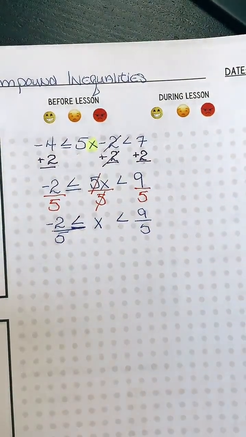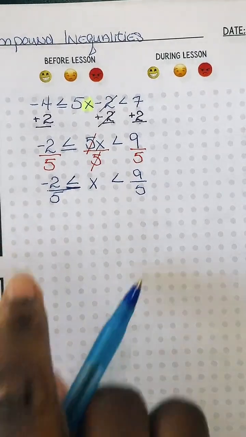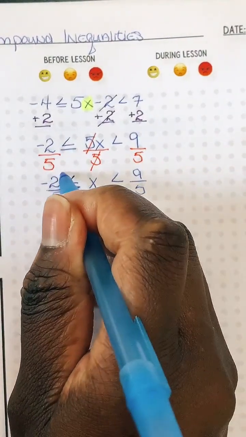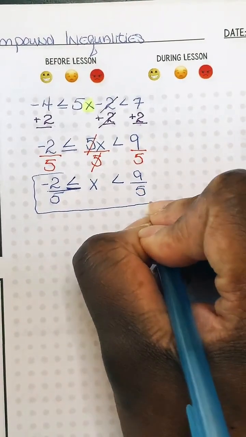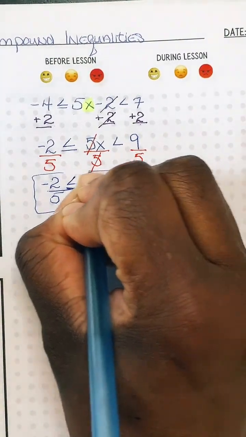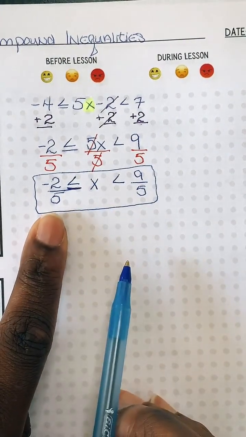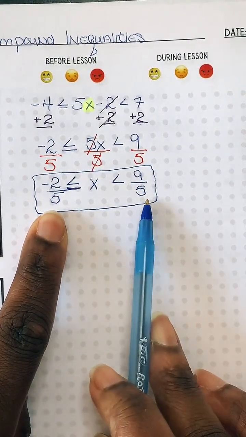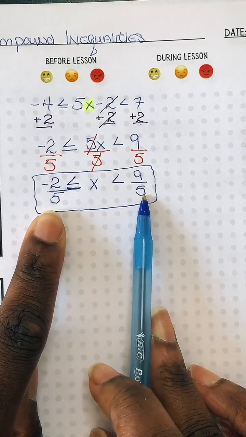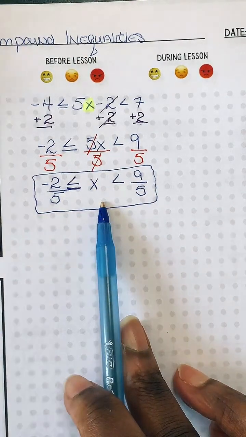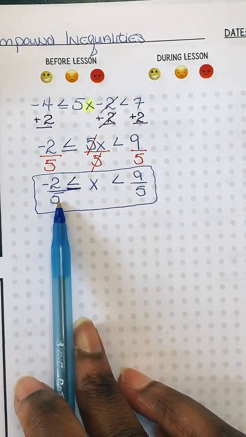That's my inequality sign. Kind of moved it a little too close. All right. So this is your answer. So we're saying that everything you do for this particular problem is anything between negative 2/5 up to 9/5, okay, is going to be your answer. But you can include negative 2/5.